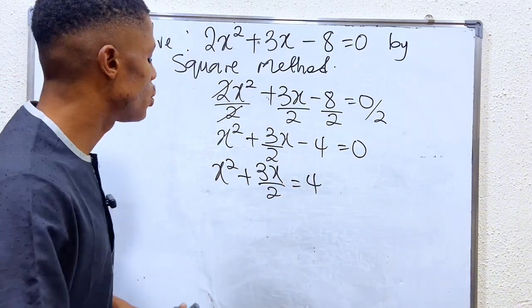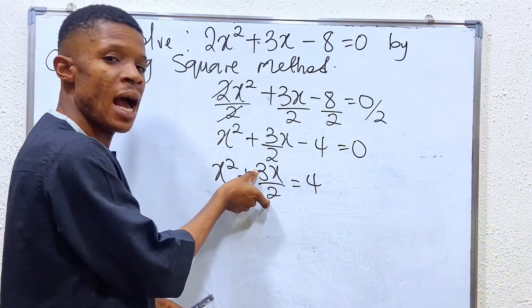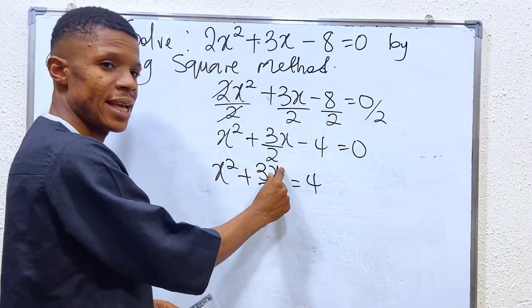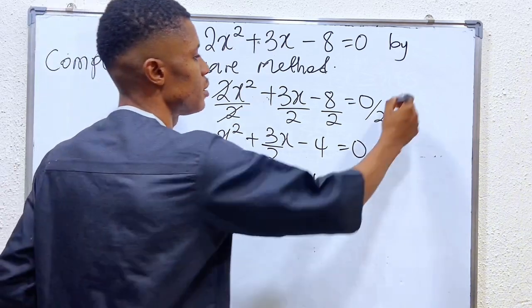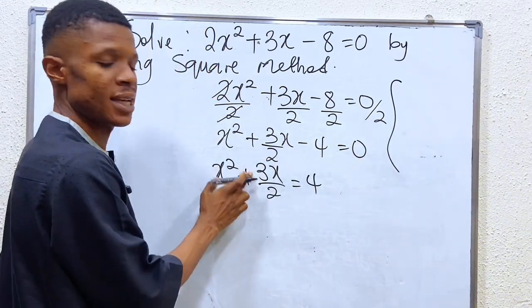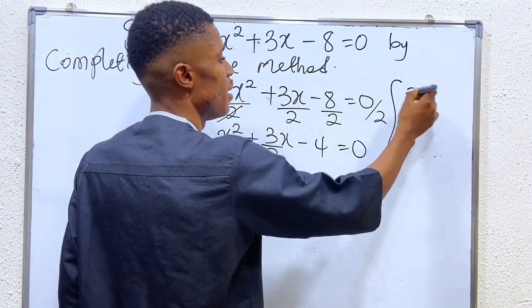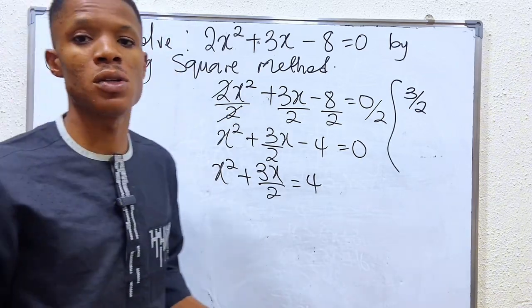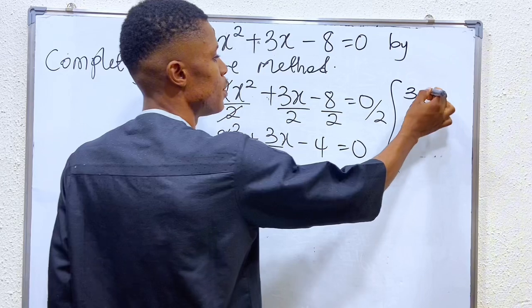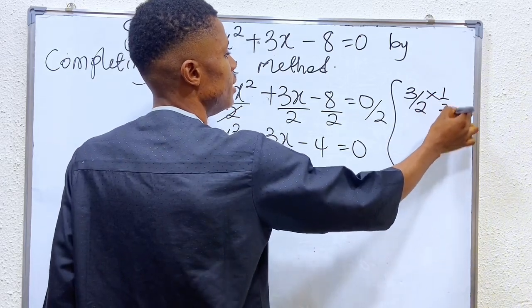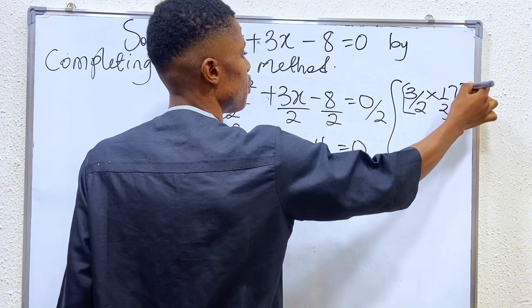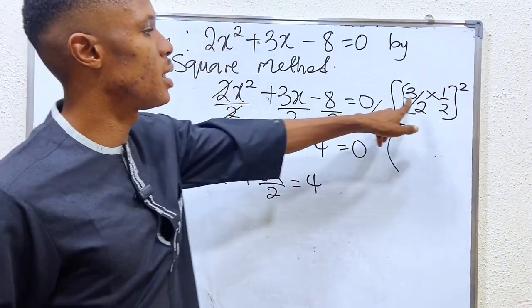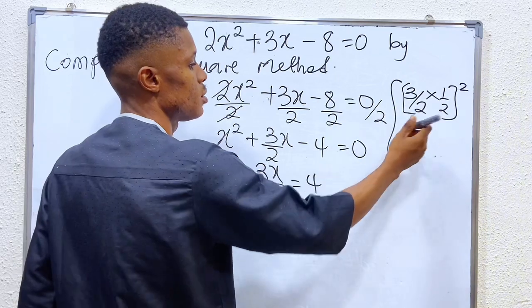The next thing we are going to do is to square half of the coefficient of x. The coefficient of x is 3 over 2, right? To divide it by 2 simply means to multiply by half. Then after that, we square everything. So 3 times 1 is 3, 2 times 2 is 4.